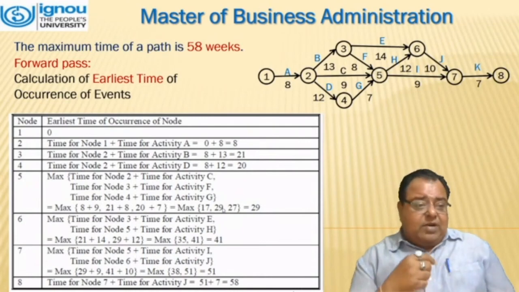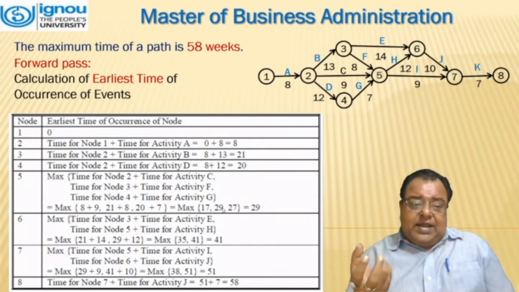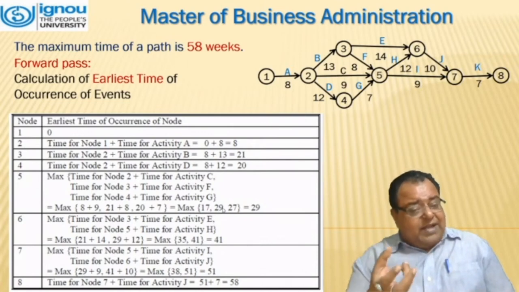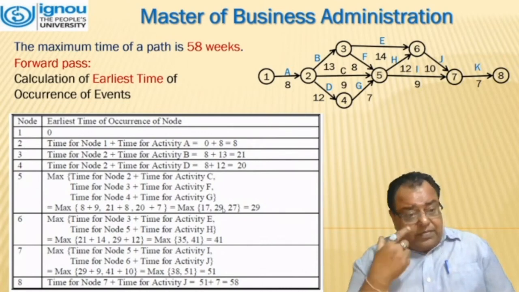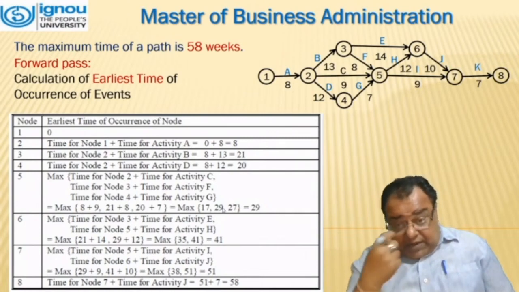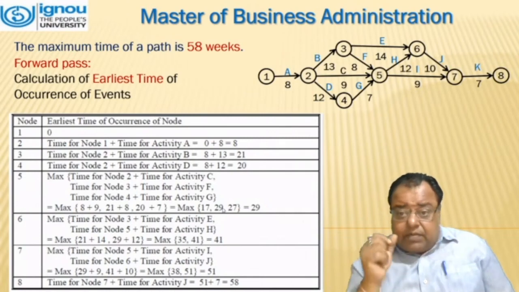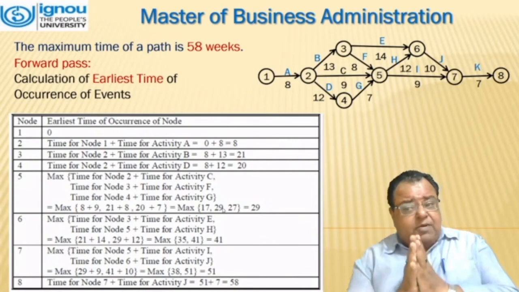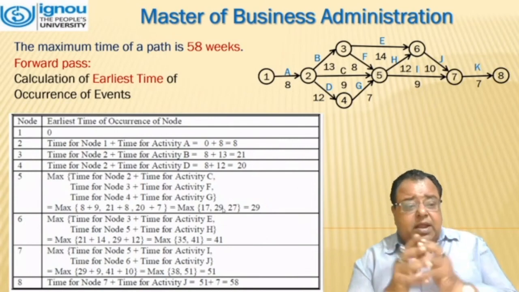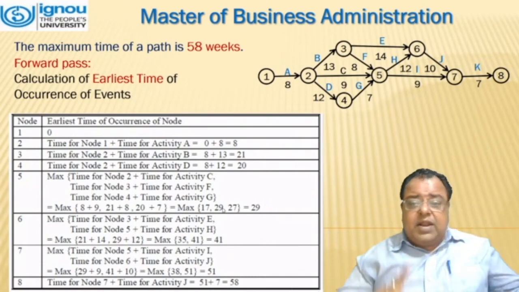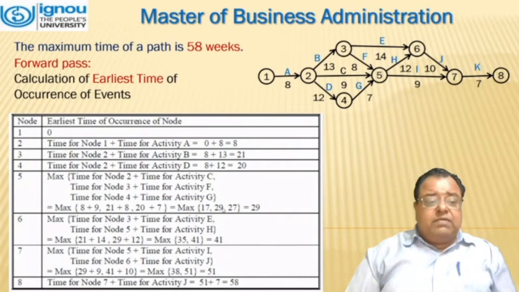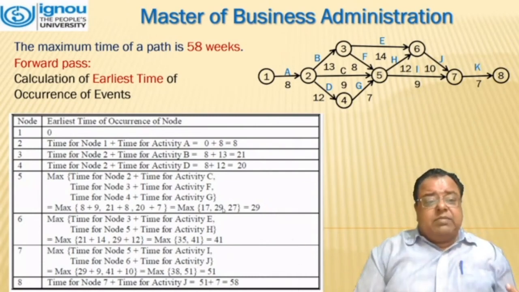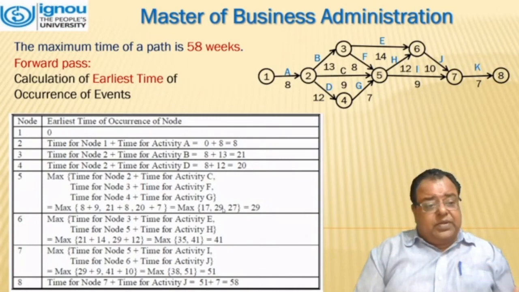Now, we have to calculate the earliest time, or the 3 times we have to calculate now from the problem. So we have the critical CPM method in front of you. The problem as it is has been taken. Now we will be moving from left to right. That means we are calculating the earliest time of occurrence of node.